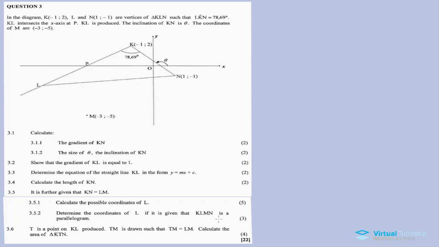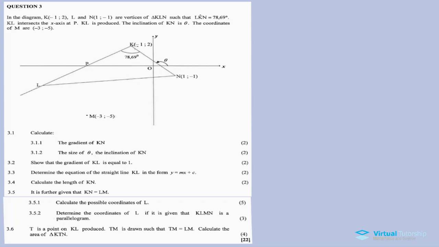As for question 3, it's an analytical geometry question. It seems like a triangle KLN. In the diagram, K, L, and N are vertices of triangle KLN such that angle LKN is equal to 78.69 degrees, and KL intersects the x-axis at P. KL is produced.